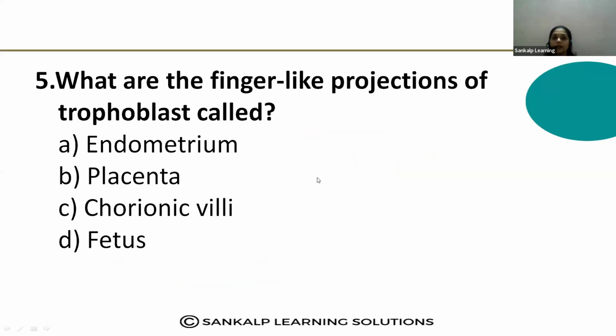Next question. What are the finger-like projections of trophoblast called? Endometrium, placenta, chorionic villi, fetus. What is the correct answer?